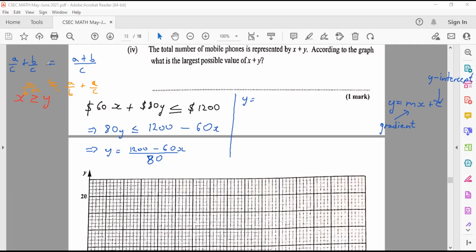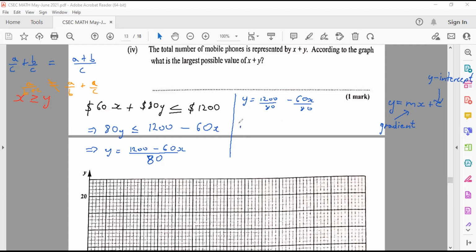I can only split them up if it's a single denominator below both of them. So y is also the same thing as 1200 over 80 minus 60x over 80. And I can divide that, can't I? I hope so.